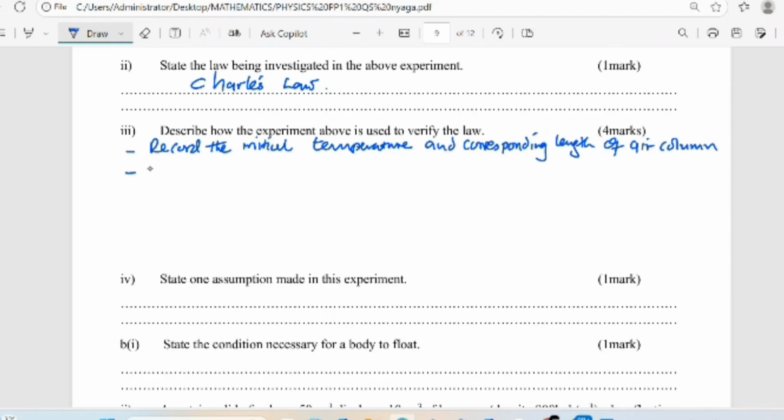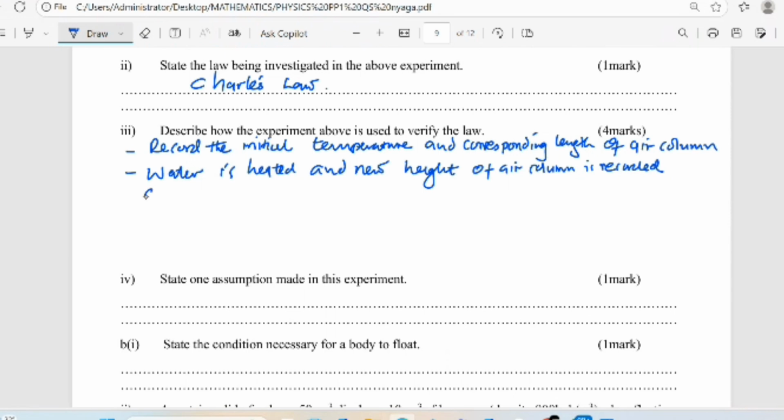Then the water bath is heated, and the new height of the air column is recorded, and the corresponding temperature reading.